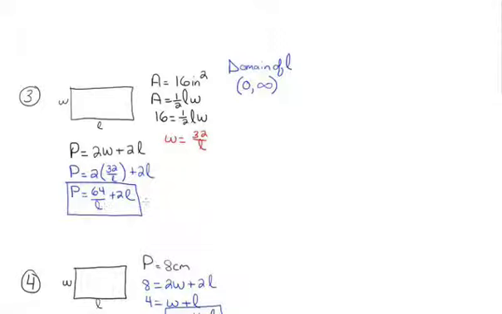Okay, so we're going to take our perimeter equation and we're going to take its derivative. So the derivative of P looks like, again, I'm going to look at this as L to the negative 1. So it should be negative 64 L to the negative 2 plus 2.